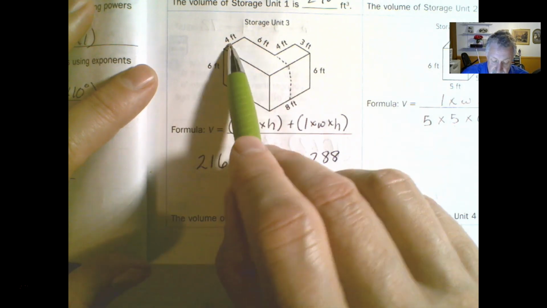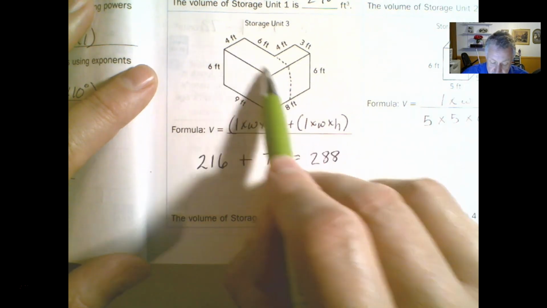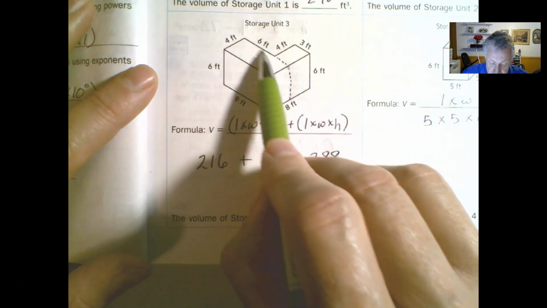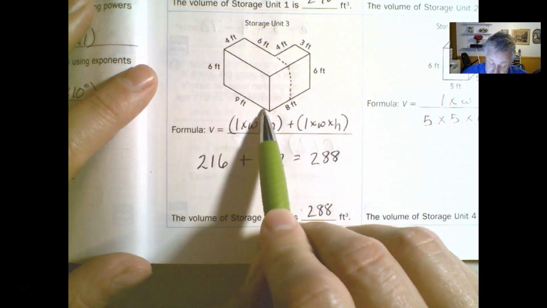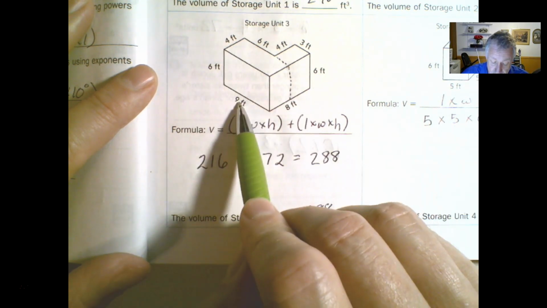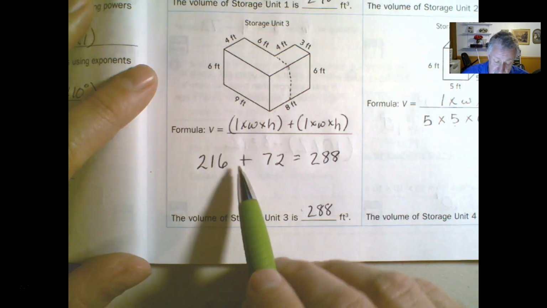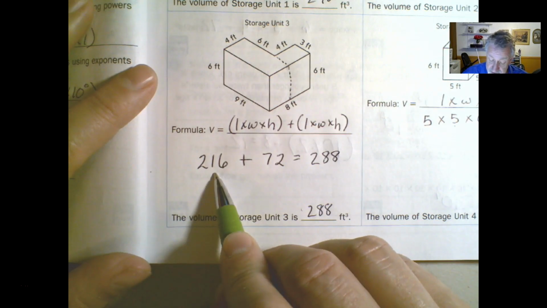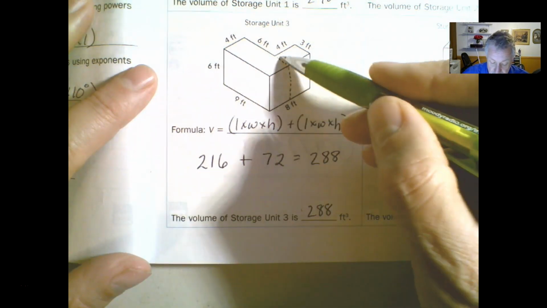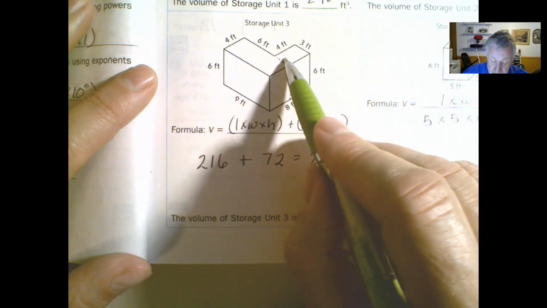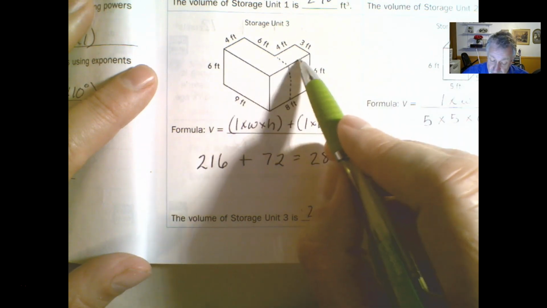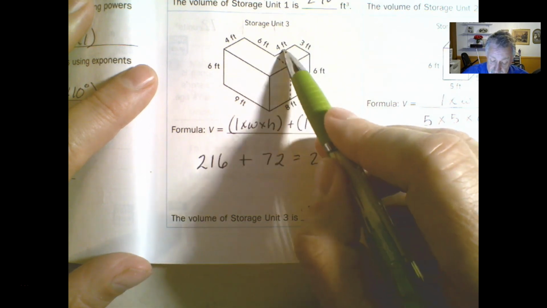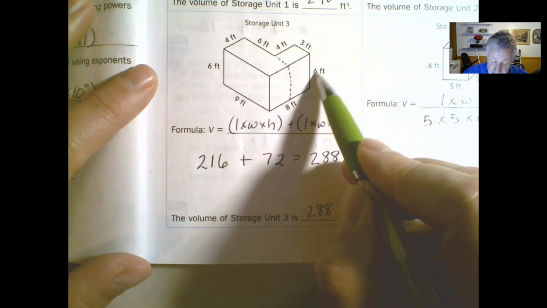So one of the prisms has a dimension of 4 feet by 6, no, got to go down here to get the dimension all the way across, by 9, so 4 by 9, and it's 6 feet tall, okay, so 4 times 9 times 6 gives me 216, and the other part of this unit here, the little piece that comes off to form an L shape, it's 4 by 3, and it's 6 feet tall. So 4 times 3 is 12, 12 times 6 is 72.